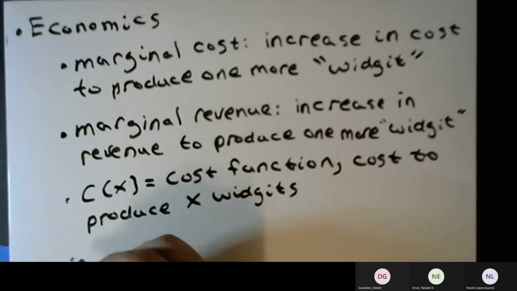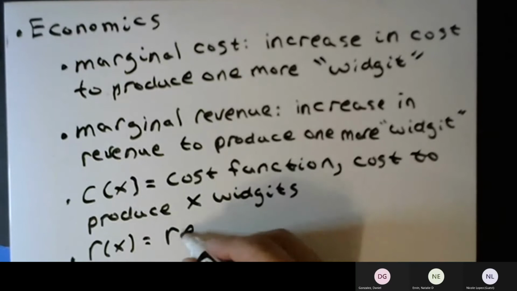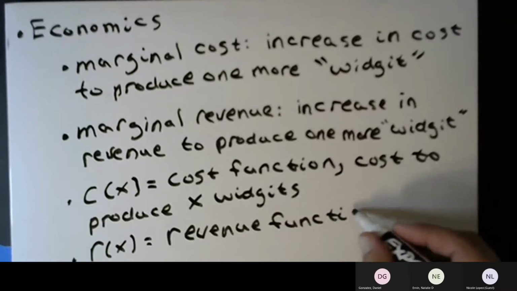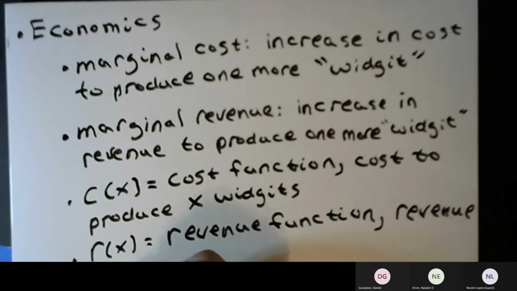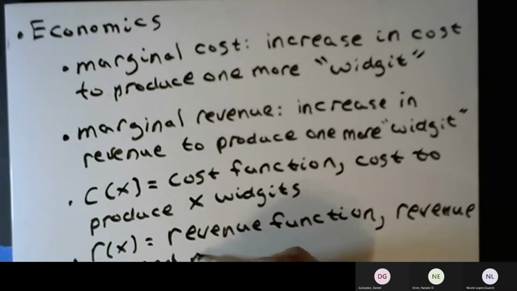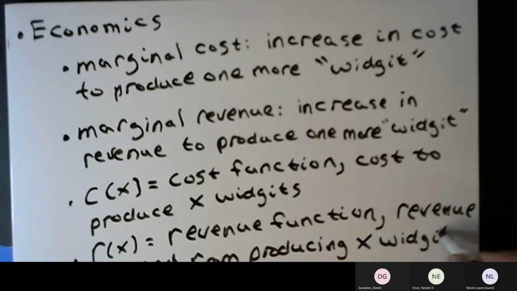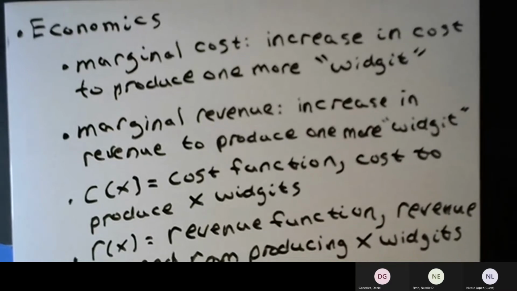And then you're going to have a revenue function. What's the revenue earned from producing X widgets? So any questions about those before we start putting them to work?